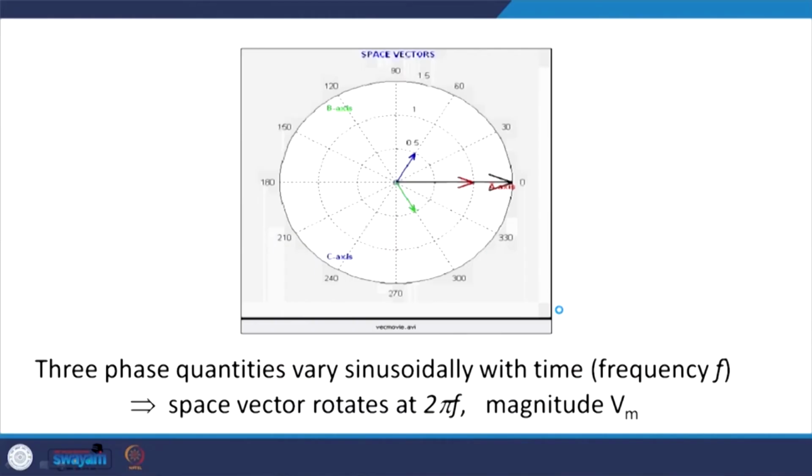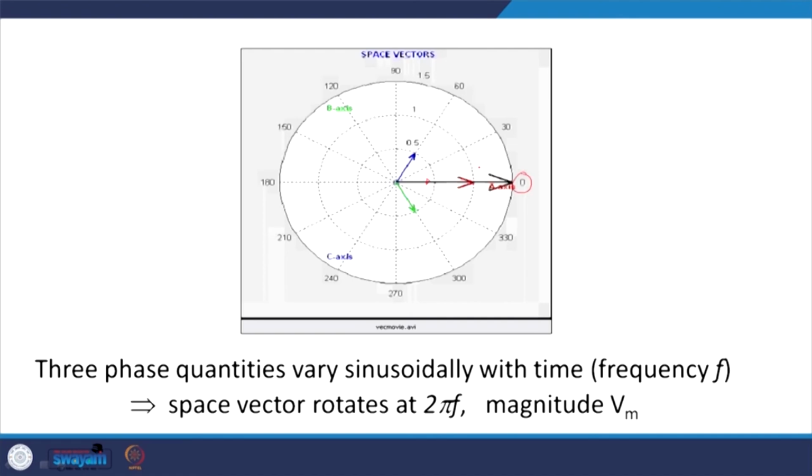So, consider that this is your B axis, this is your C axis, and this is your A axis, and this is the representation instantaneously. Ultimately you have to split them, because if you take the resultant it will be this. So, it will add up, ultimately it will make this.